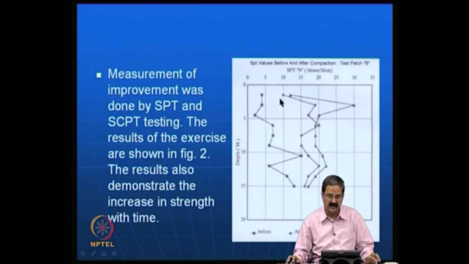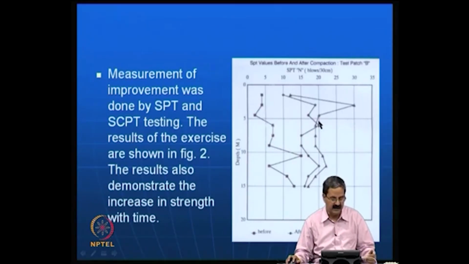Now after the improvement, they did some testing in the trial section. You can see that the SPT improved to some extent, and it was good everywhere. This point was away from this point, and there is a good difference. One can also see that there is another line: if you take SPT values after 1 month, there is some more increase.